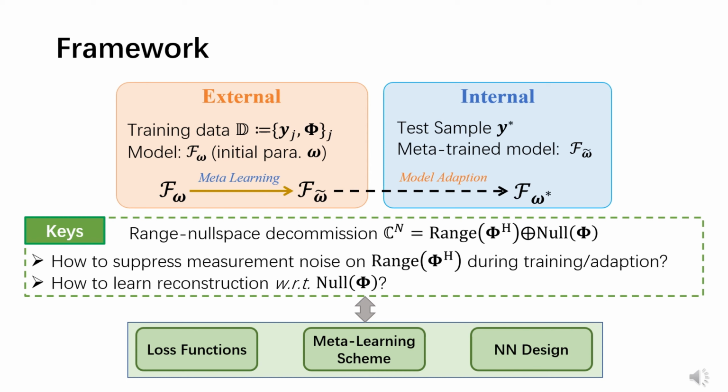First, suppressing noise in the measurement samples on the range space of phi's adjoint during training and adaptation. Second, learning reconstruction on the null space of phi on which no information is encoded by the training samples. We address these challenges by developing new loss functions and improving the meta-learning process. Also, we investigate new NN design for improvement.